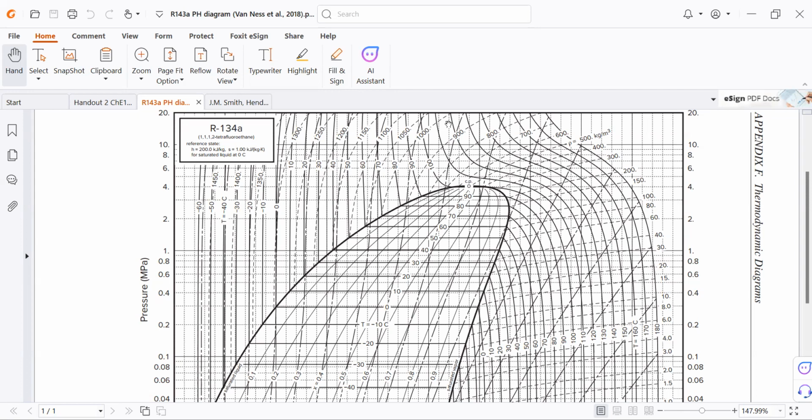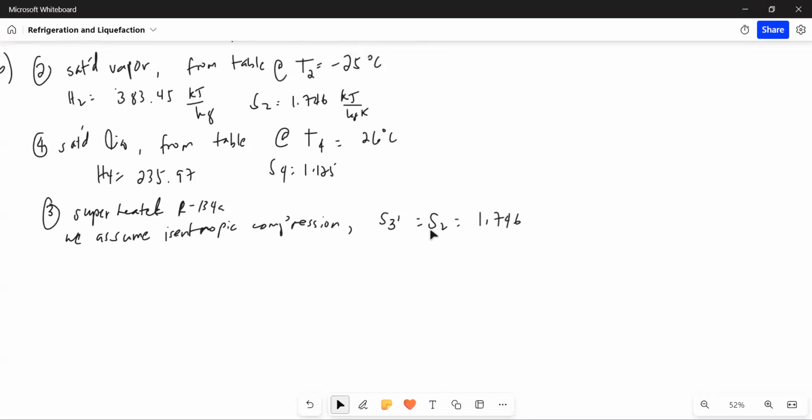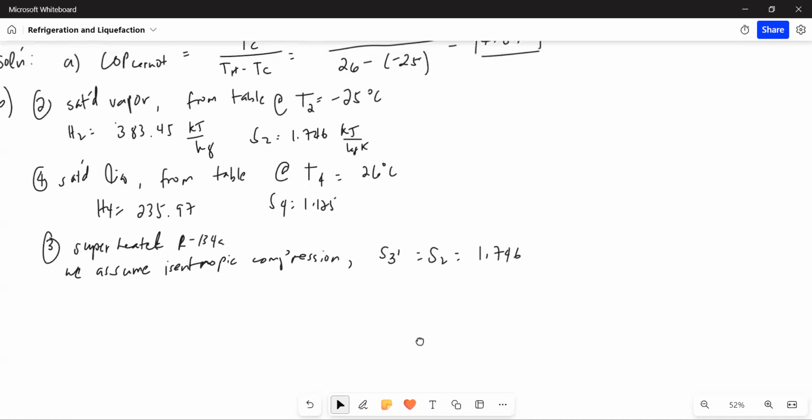So before we can use the pH diagram to read H3 prime, we need two properties. One is entropy, and since in the diagram the y-axis is pressure, we need to find the pressure.